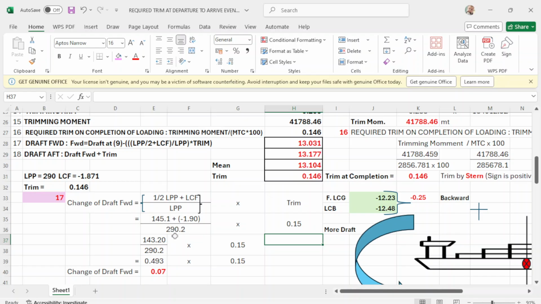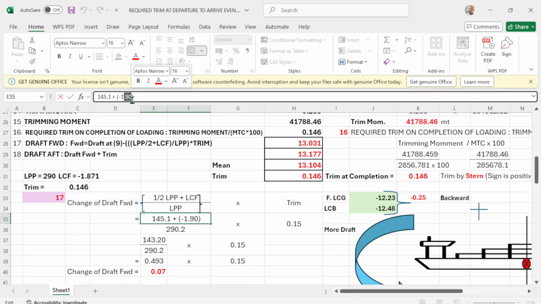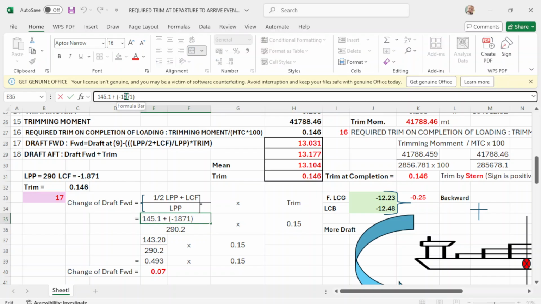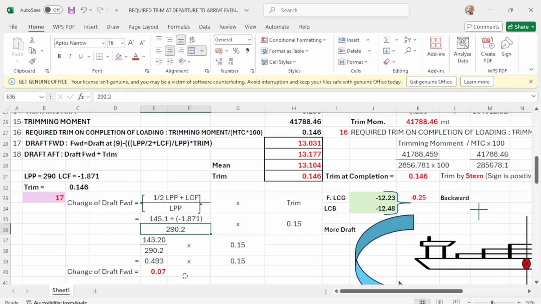Half of this 290.2 is 145.1, plus your LCF. LCF is negative 1.871, over your LPP, times trim.